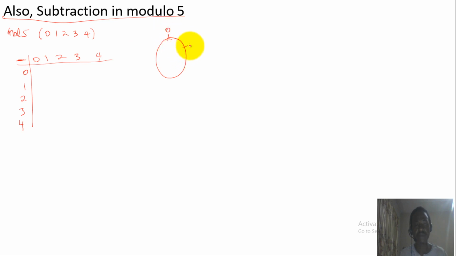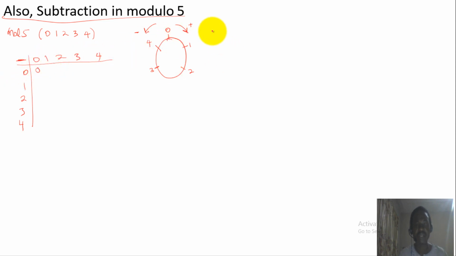You have 0, we have 1, we have 2 here, we have 3 here, we have 4. Then it can go anti-clockwise when it is negative. It can go clockwise when it is what? Positive.